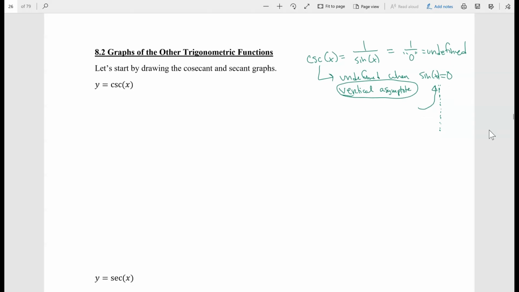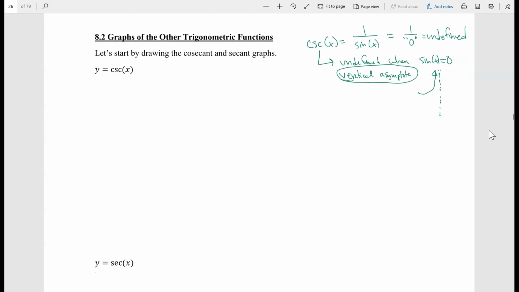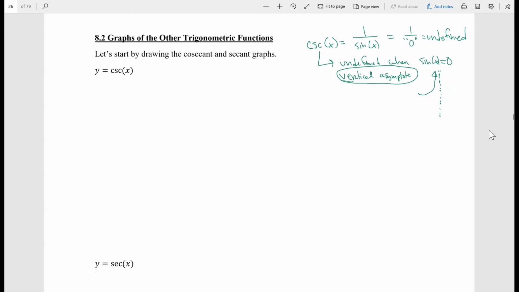The first thing that I like to do to graph the cosecant is graph the sine curve. So let's graph sine first, y equals sine of x. The sine curve starts at 0.